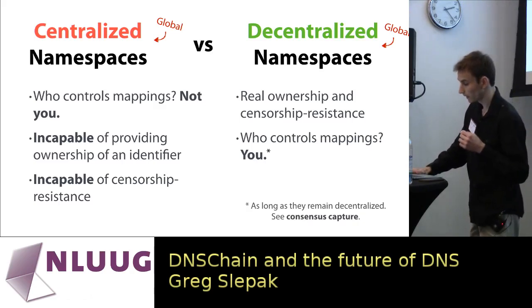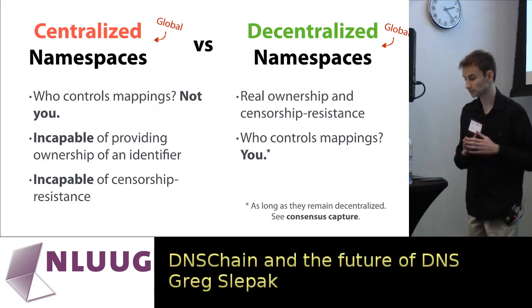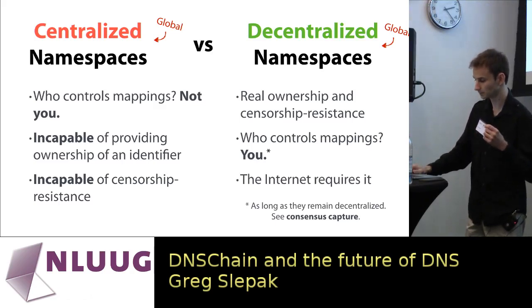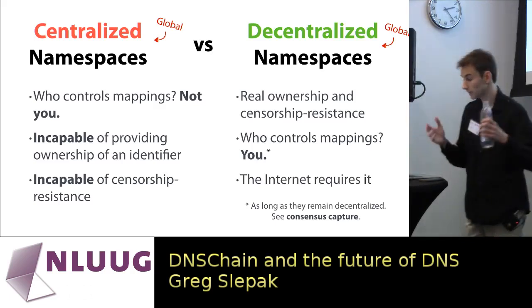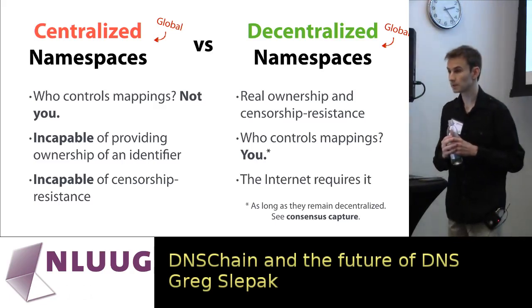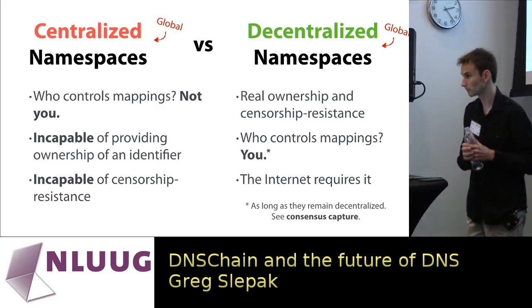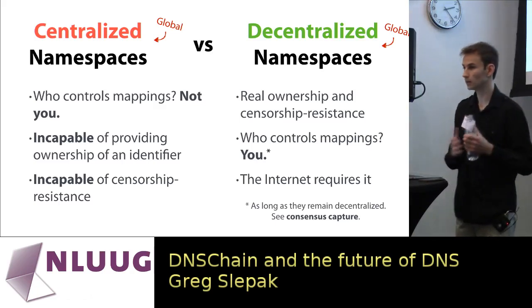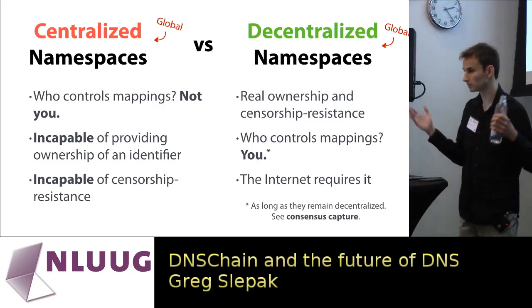That is, as long as they remain decentralized. We're going to talk about that. Call it consensus capture. And another reason to use decentralized namespaces is because the internet requires it. If you don't use a decentralized namespace for this, you are basically recreating cable television.